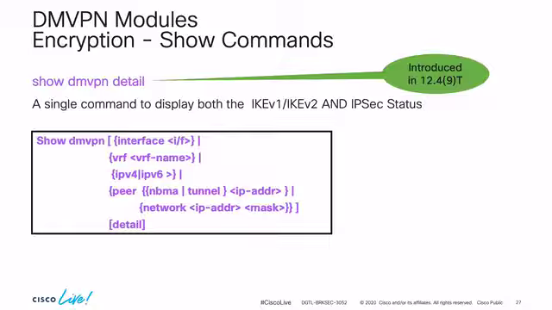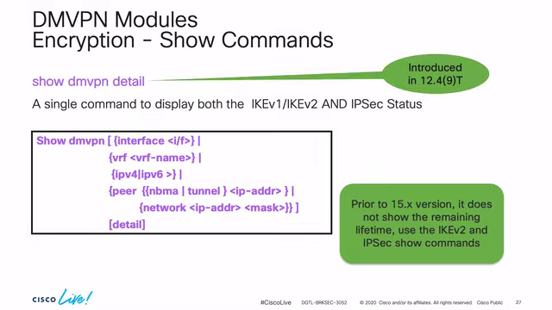Just wanted to call out that if you are running a code version prior to 15.x and you run the show DMVPN detail, unfortunately it's not going to show us the remaining lifetime information. So you would need to use the individual IKEv2 or IPsec show commands.